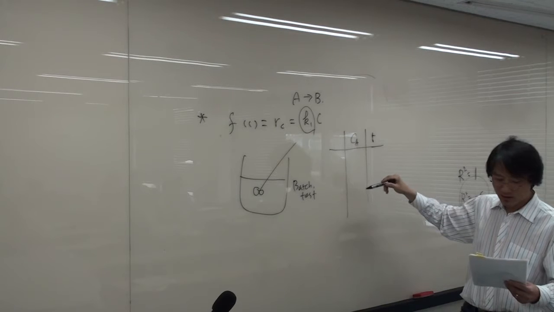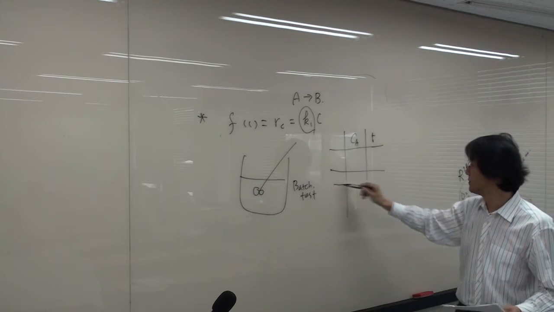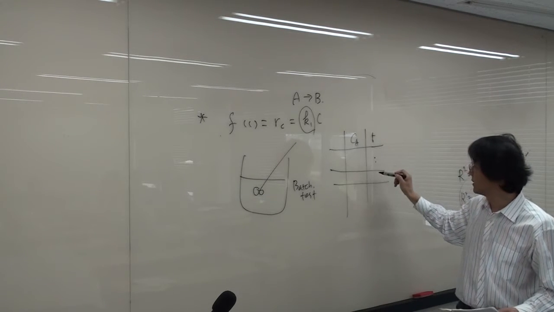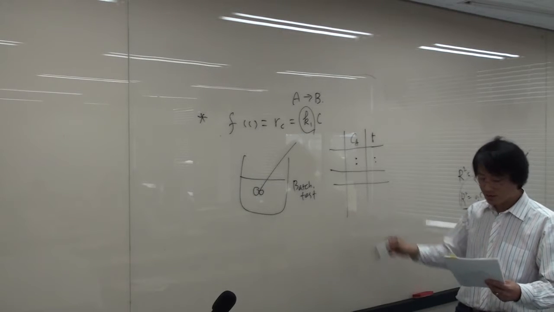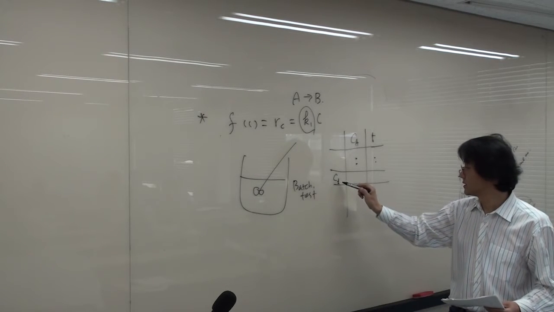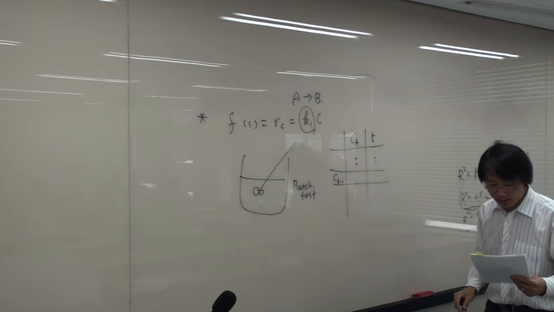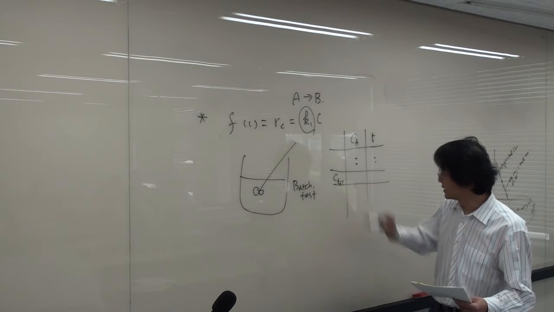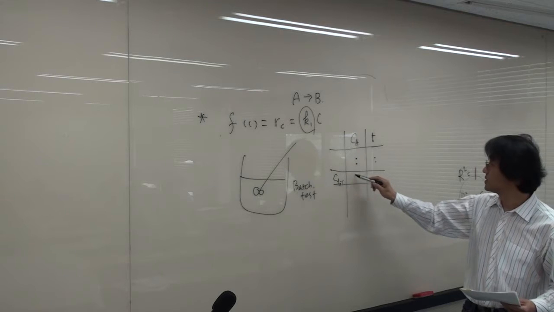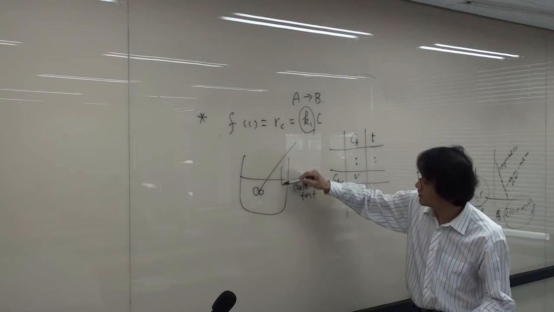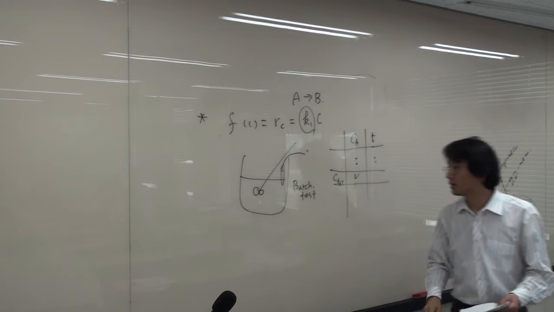And here, you can have many different time concentrations. And one thing, let's say C at t(i-1), and you can measure it using some kind of analytical probe.